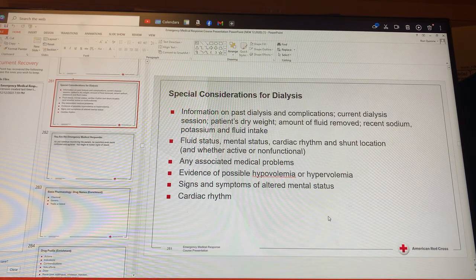Emergencies also can occur as complications of dialysis itself, including hypotension, disequilibrium syndrome, hemorrhage, equipment malfunction, etc.